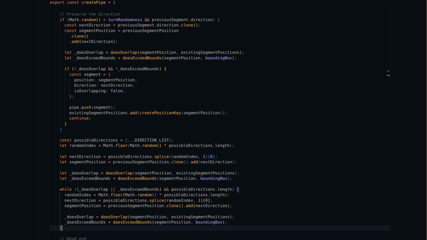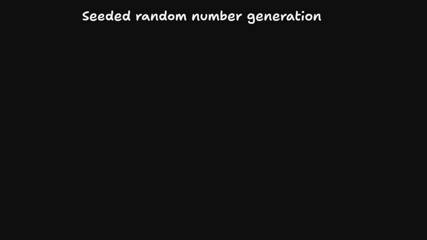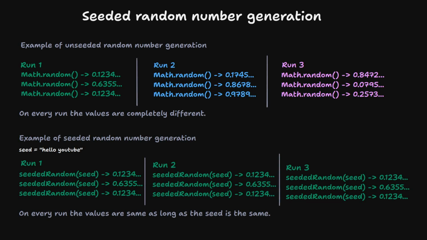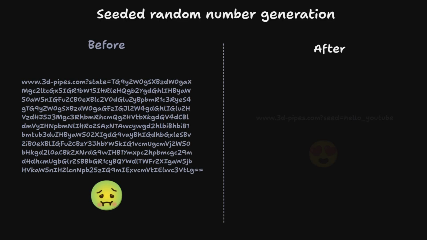I could just use a seeded random number generation because all the algorithm is doing is generating random values. And if I can make these random values deterministically random, say using a seed, then I can just put the seed in the URL and use that to generate the random values. So as long as the seed is the same, you get the same output and you can just easily share a small URL to share your creation.